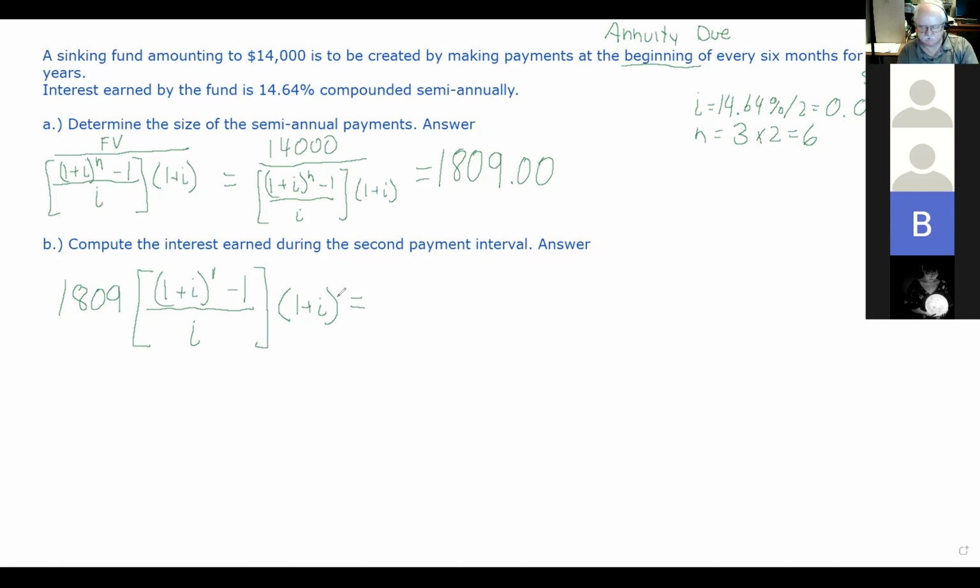And then times, in bracket, 1 plus recall 1, end of bracket, equals, and then times 1809. And here I'm getting 1941.42. And then we want to know how much interest would have accrued on that. So times I times recall 1. And I'm getting 142.11.